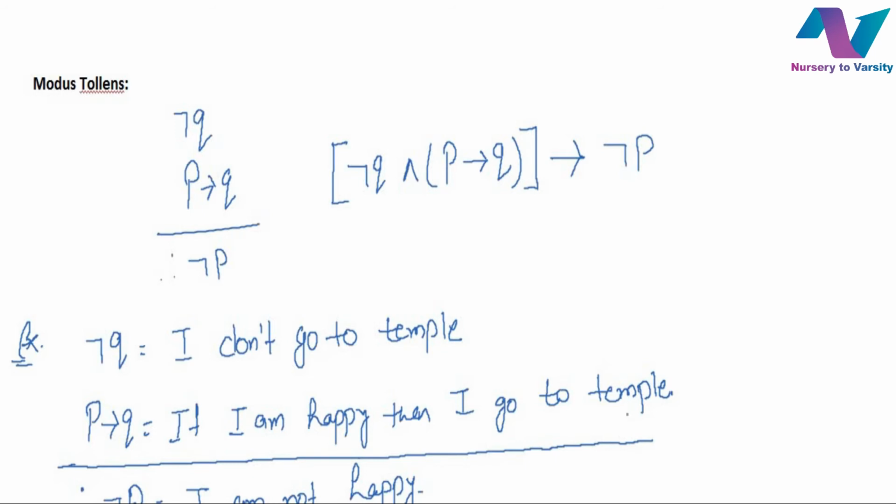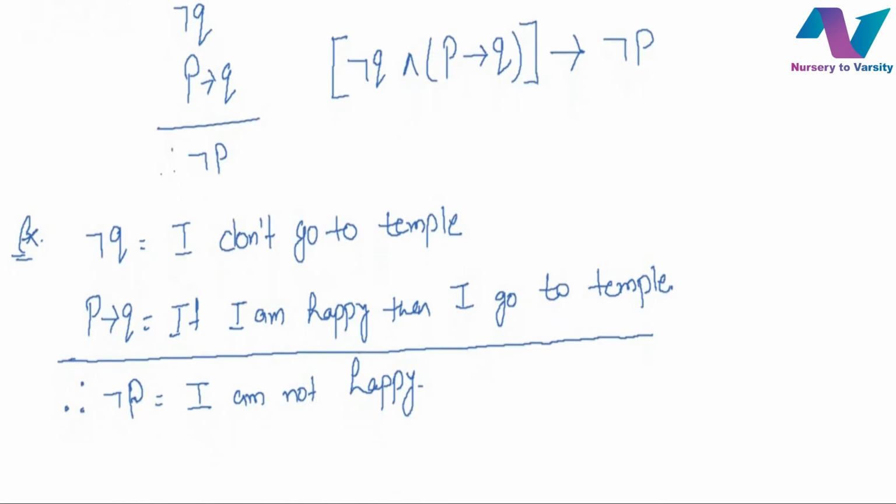Negation of Q is "I don't go to temple," and P implies Q is "If I am happy then I go to temple." So the negation of P, which we conclude, is "I am not happy" from the given premises. So this is our modus tollens.